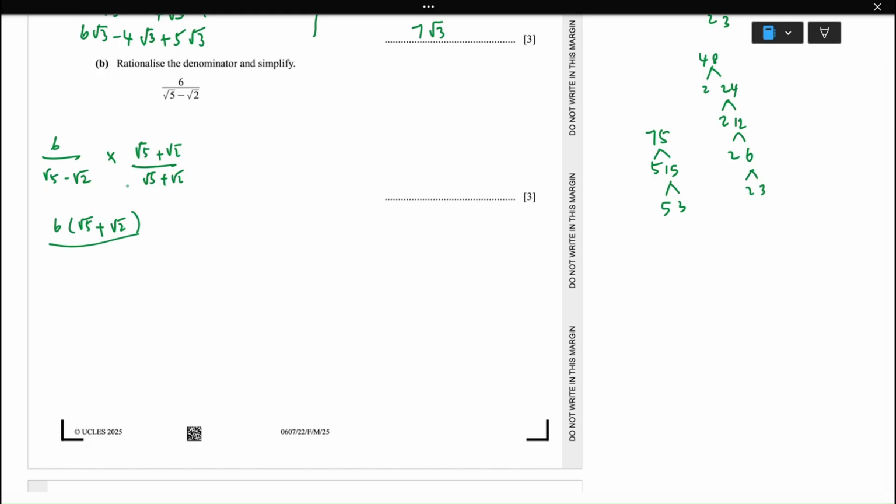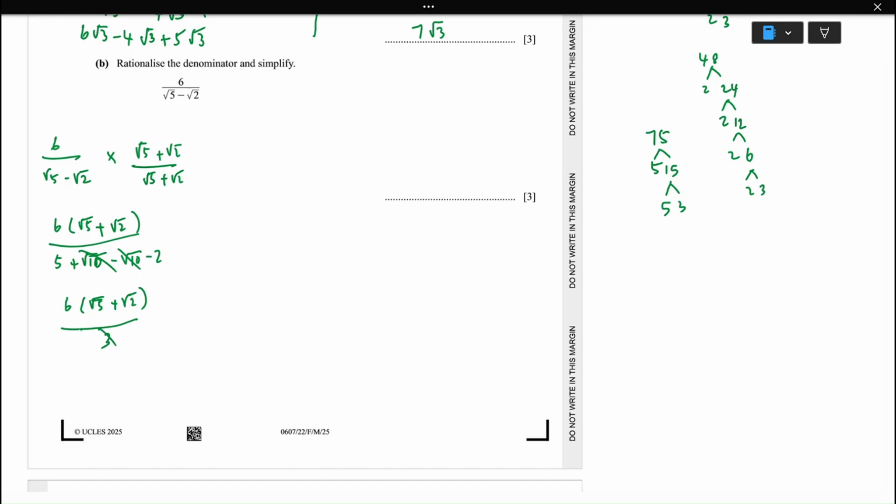Root 5 times root 2 is plus root 10. Next, negative root 2 times root 5 is negative root 10, and negative root 2 times root 2 is minus 2. So the plus root 10 and minus root 10 cancel. The rest is root 5 plus root 2 over 5 minus 2, which is 3.